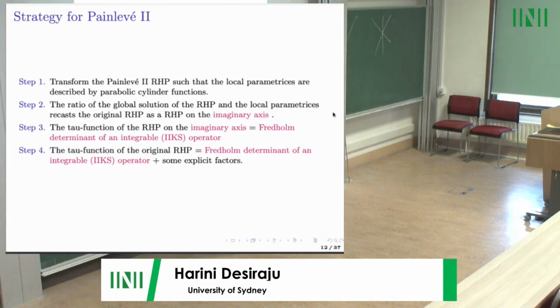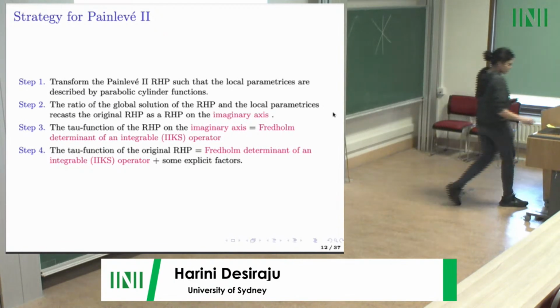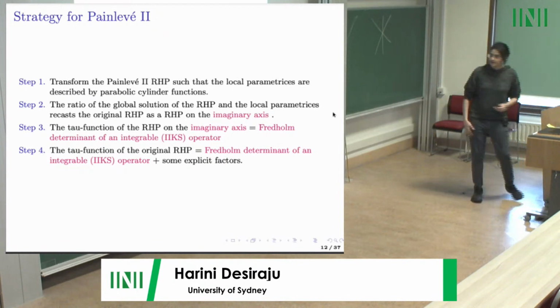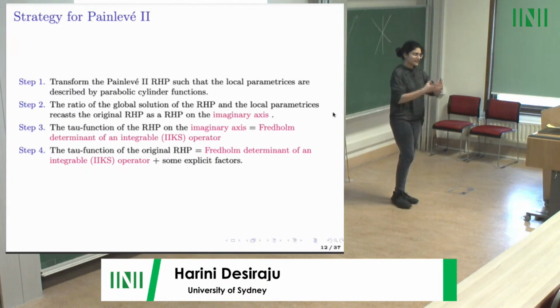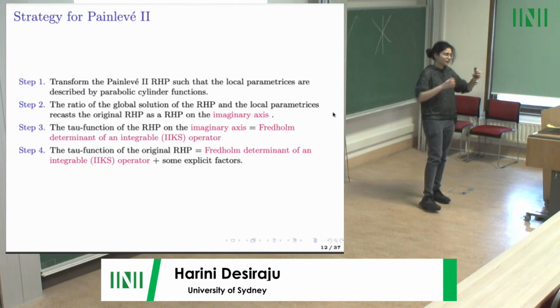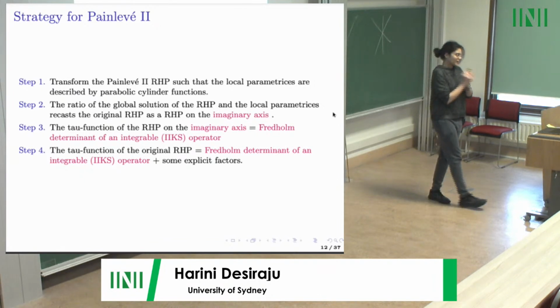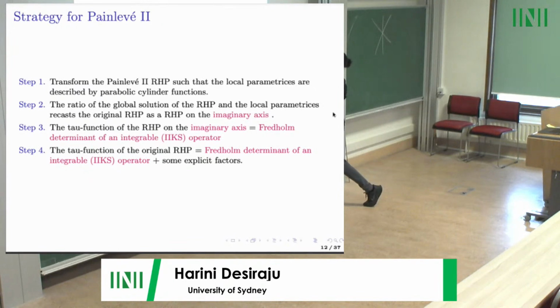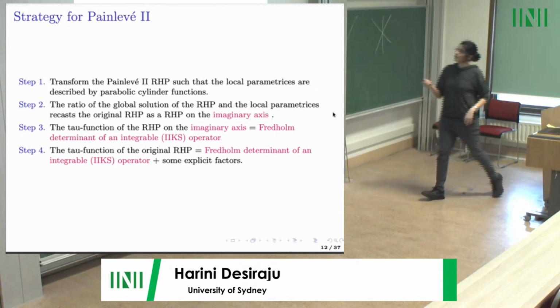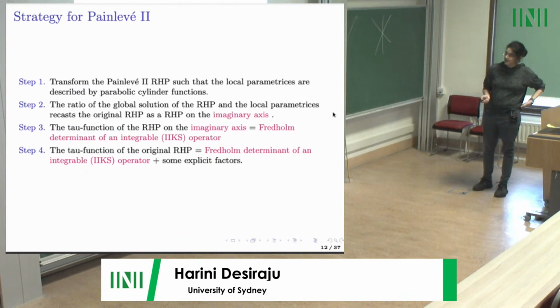I'm starting from a Riemann-Hilbert problem on 6 rays. So now I need to make it more manageable. If anyone is familiar with the nonlinear steepest descent, it's like peeling the layers of the onion. You're trying to understand what is the basic quantity that you can completely determine analytically. So step number 1 is to understand where parabolic cylinders are hiding inside this Riemann-Hilbert problem.